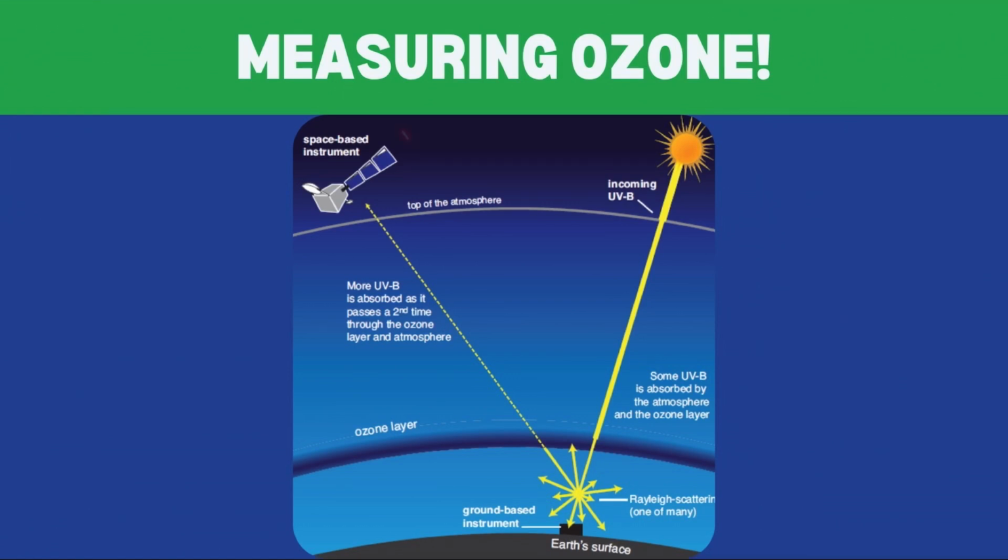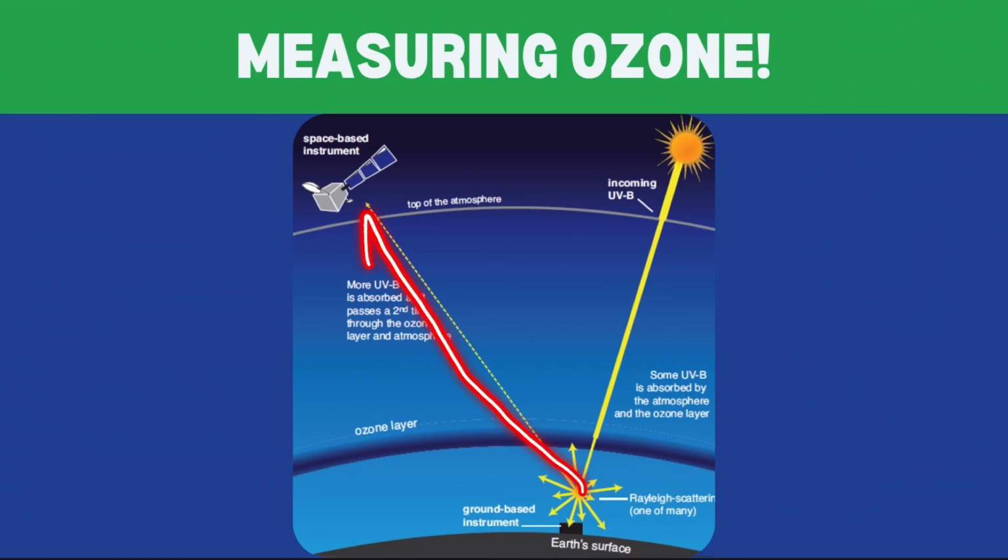The difference is the amount of UVB absorbed by the ozone, and from that we can calculate the amount of ozone. Measuring ozone from space-based satellites is also similar, but you have to know the amount of solar UVB light that is backscattered and reaches the satellite instrument. This backscattering from molecules in the atmosphere is also called Rayleigh scattering, and it is measured in the direction of the satellite.